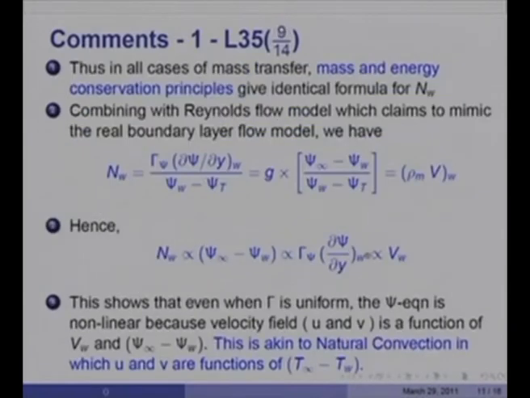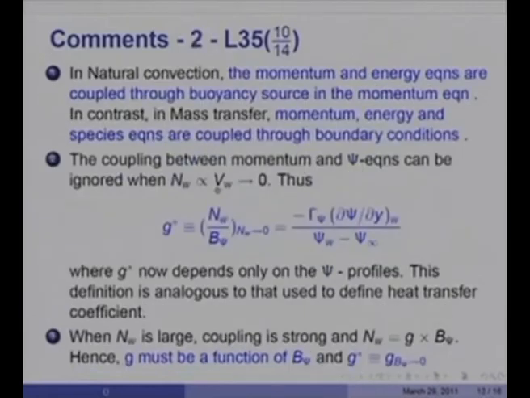This follows from the previous equation which I have shown here. So I have simply cancelled psi W minus psi T, and psi infinity minus psi W is taken to the denominator. So you get G star is equal to this quantity.